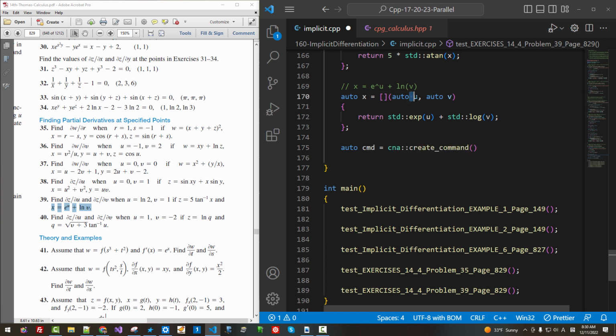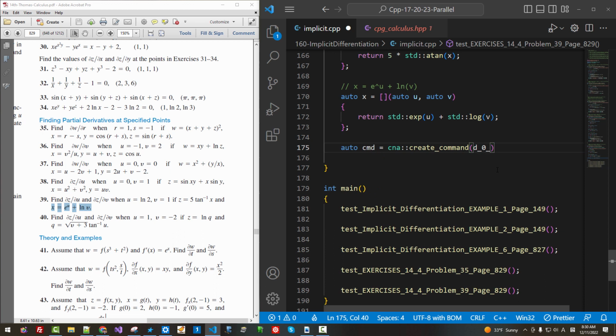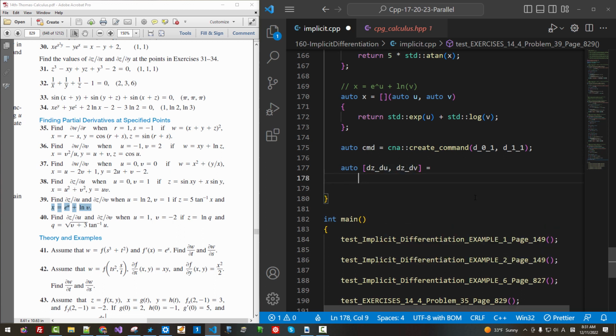Once again, with respect to u, d underscore 0, we differentiate once. Of course, we can use double differentiation. If we use this, it becomes differentiate x with respect to u twice, a derivative of second order. So I will make it 1, d 1, 1.